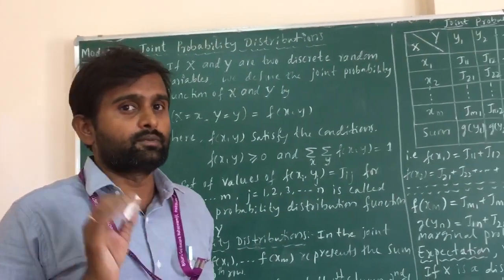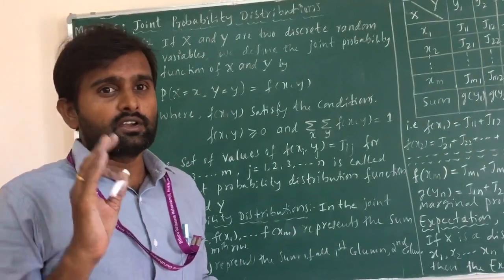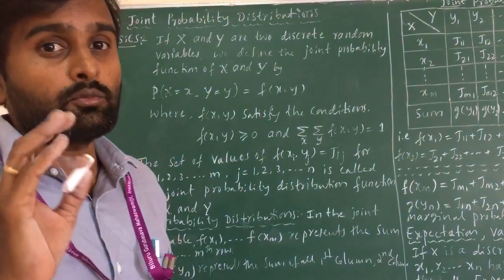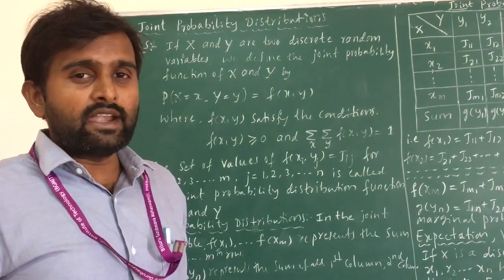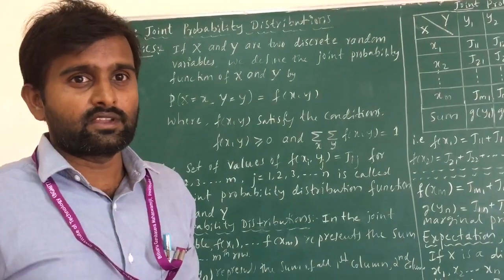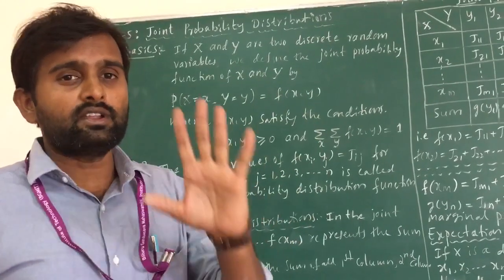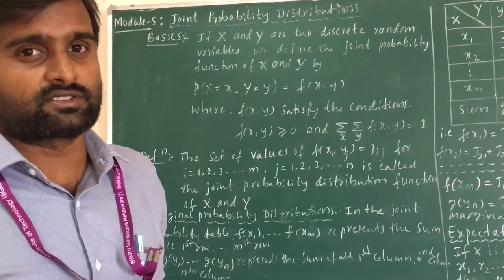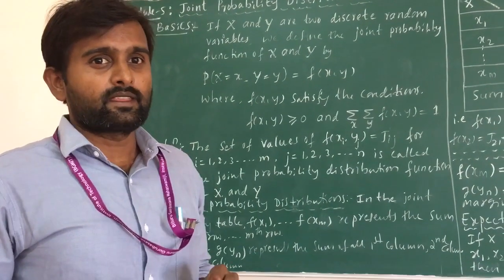In the third model we have learned only one random variable, only x, right? Joint probability is nothing but if you have more than one, here we are taking two random variables, right?